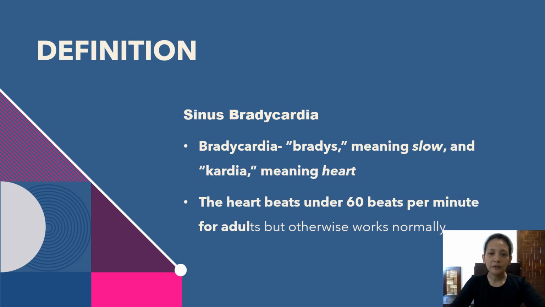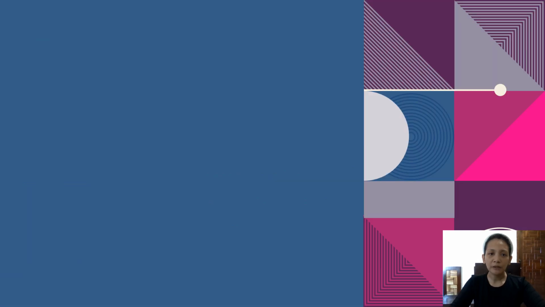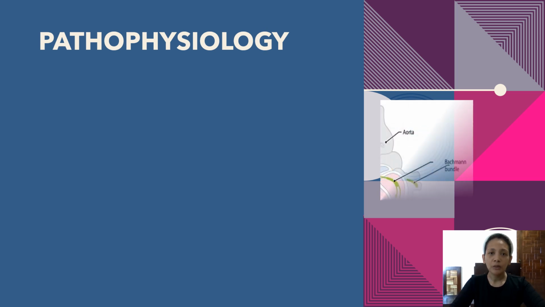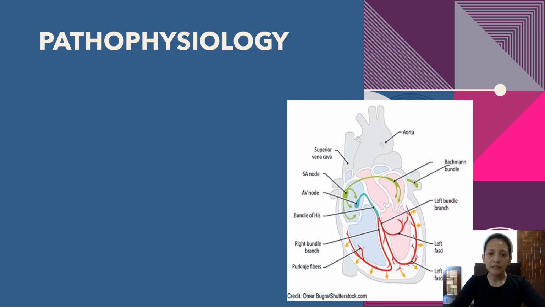In order for us to learn better about sinus bradycardia, we have to dig into the electrical conduction system of the heart. The electrical conduction system of the heart starts with the SA node, which fires about 60 to 100 beats per minute. Through Bachmann's bundle, it travels to the left atrium.